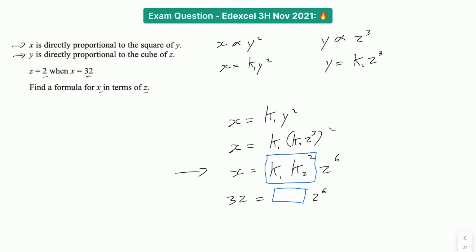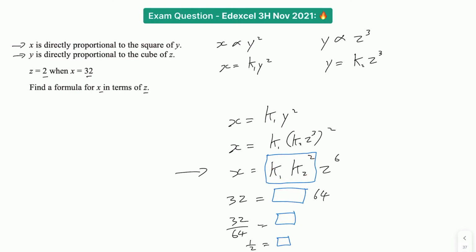Now if you do 2 to the power of 6, you get 64. So I can just replace this with 64. And we can just say that 32 divided by 64 is equal to the constant, which is the blue box. So we're saying that the value of the blue box essentially is a half. So it's 1 over 2 is equal to blue box. And remember what the blue box is, just this whole constant.